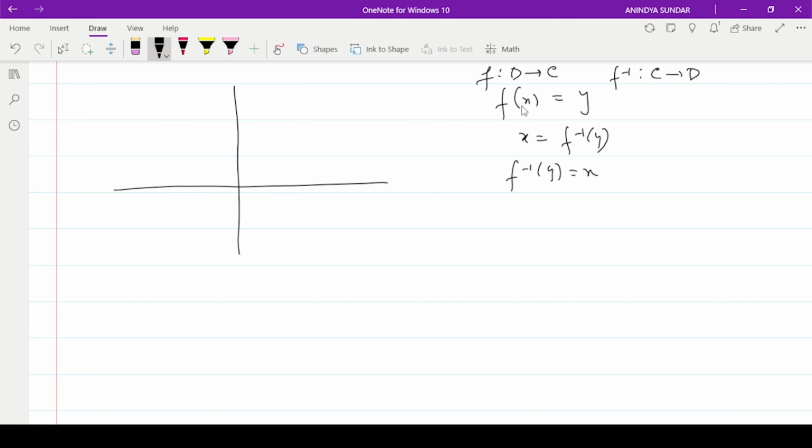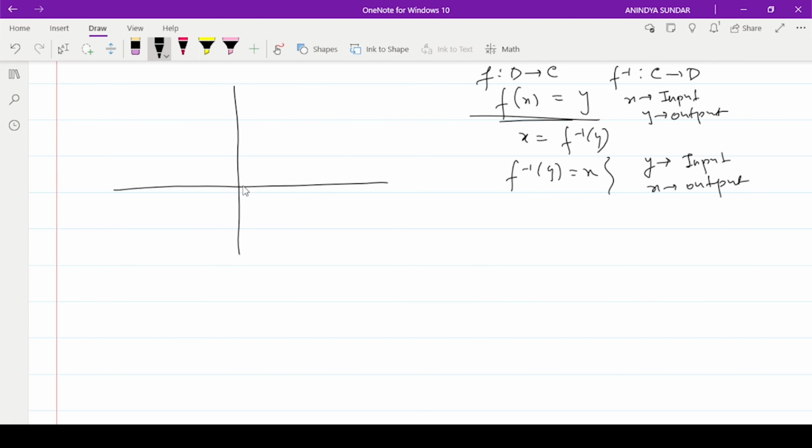And in this case, you can see that x is the input and y was the output. And in this particular case, you can see that y is the input and x is the output. So naturally, the x-axis and y-axis also change their position.